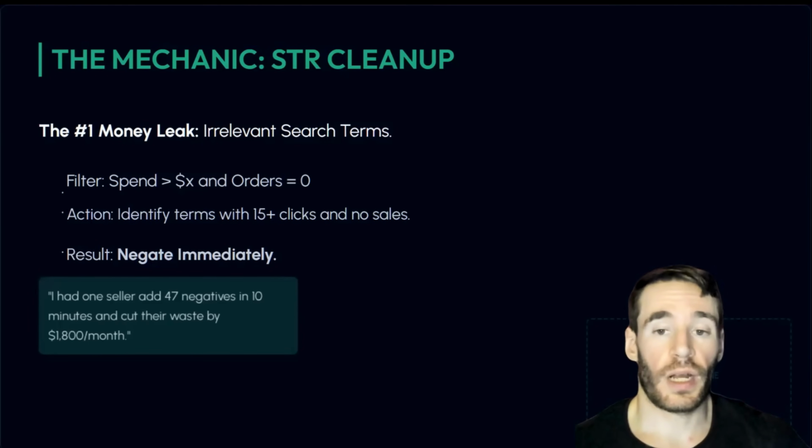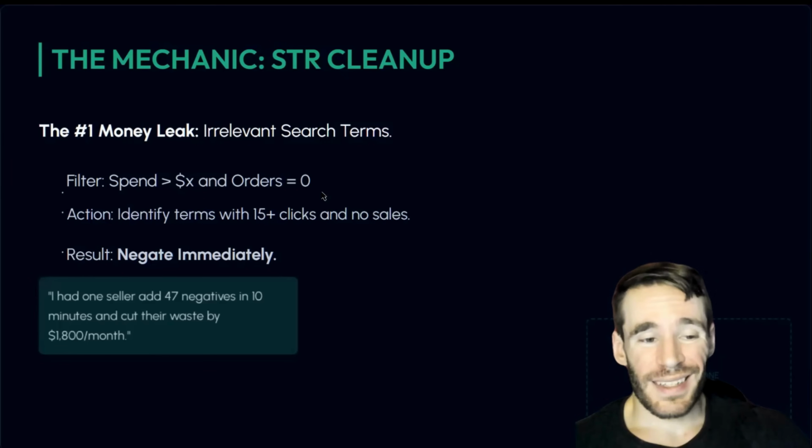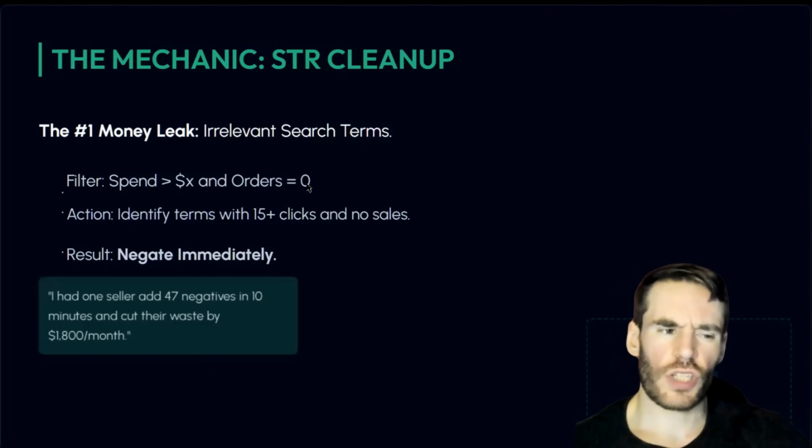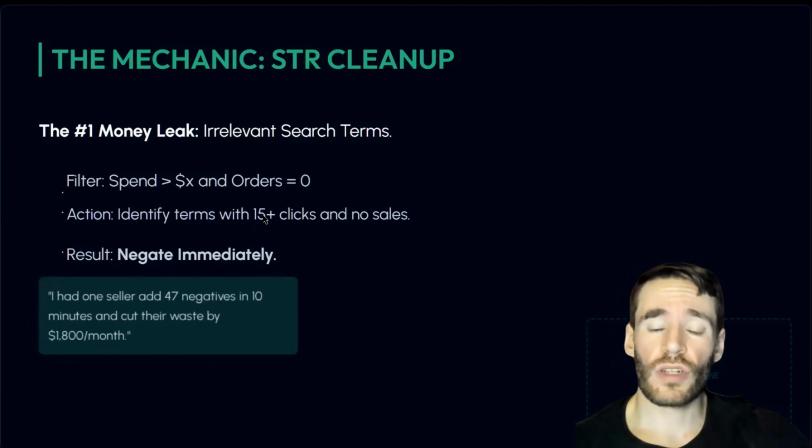So finding the money leak in ads and filtering it by spend. I wrote it X and order 0 because it really depends. We also check a relationship between clicks and orders, minimum 15, but usually we go higher. And also based on intellectual relevancy, it is a very important process.